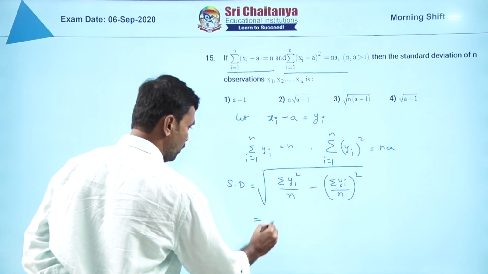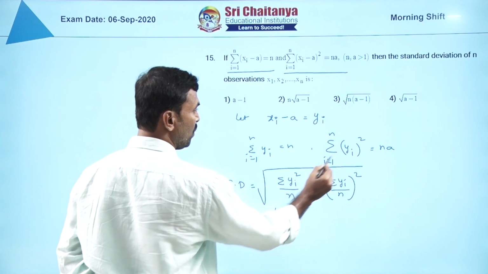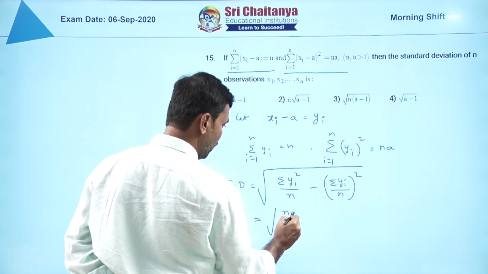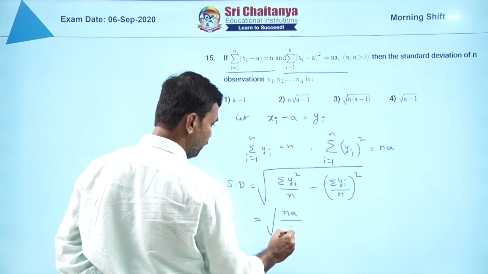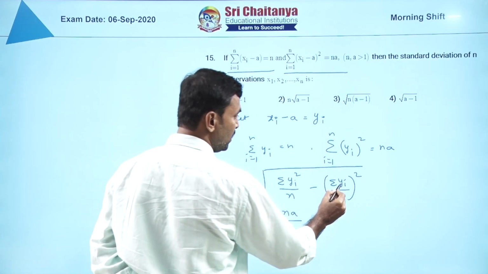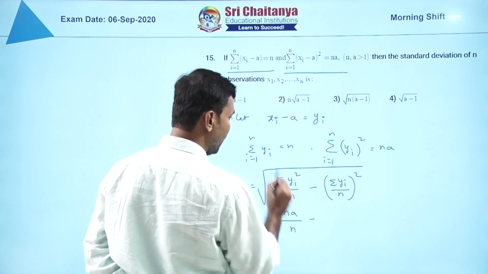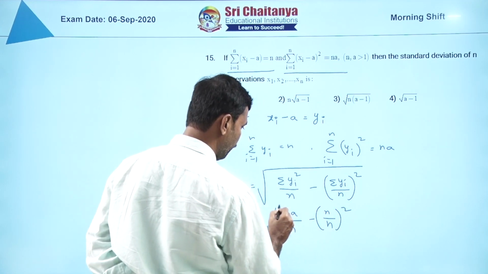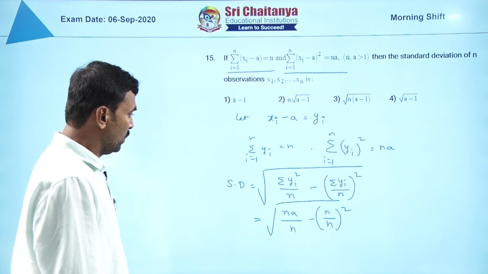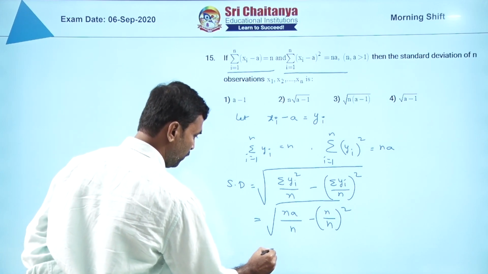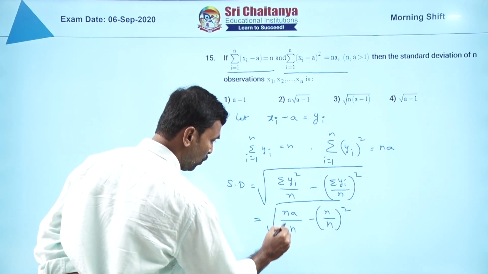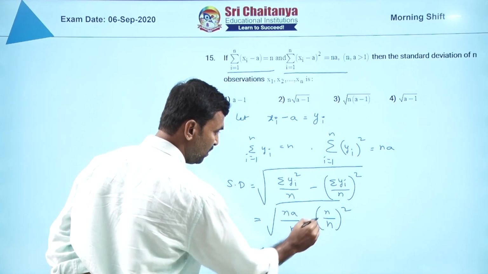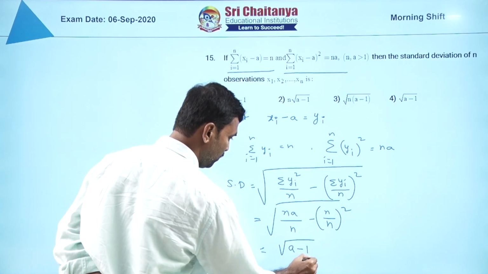Now, I am substituting the sigma yi square value, which is na, so na by n, minus sigma yi value, which is n, so (n by n) whole power 2, which is equal to root over a minus 1 square, which is 1, so root over a minus 1.